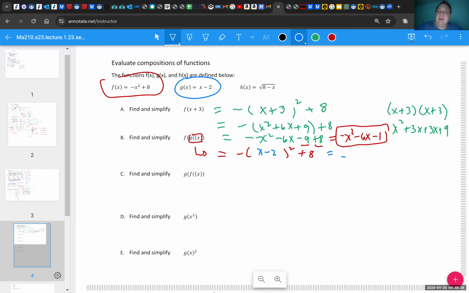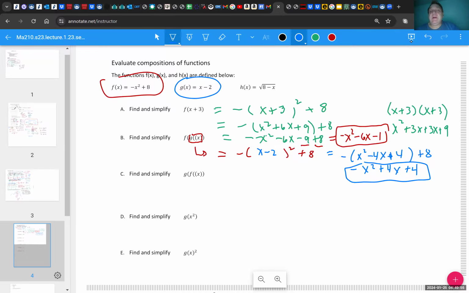So you can check the work for this one. When I square x minus 2, I get x squared minus 4x plus 4. Don't forget that I have a plus 8 at the end. And then I get negative x squared plus 4x. I have a minus 4 and a plus 8, which ends up being positive 4.